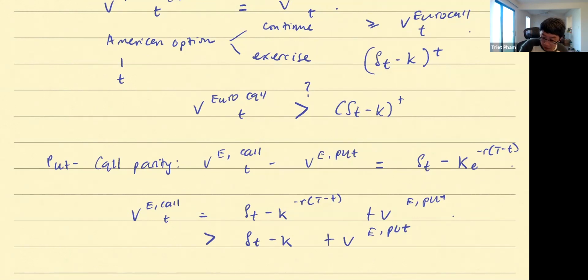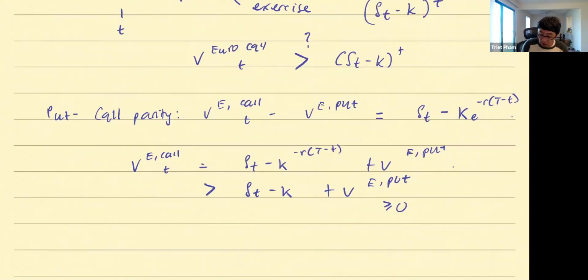Exactly because you have discounting here, subtracting this is definitely less than subtracting this. Then you're done, because this term is non-negative because it's a put option. So when ST minus K is positive, then this is the plus. So this inequality holds true for any ST and K.